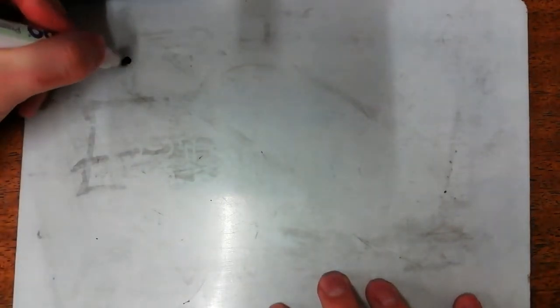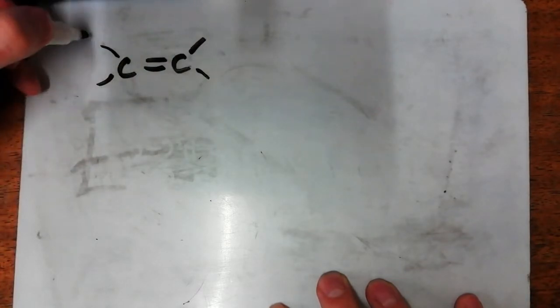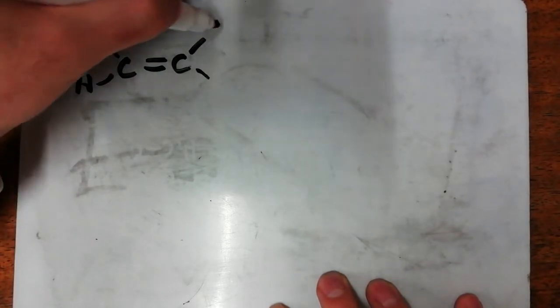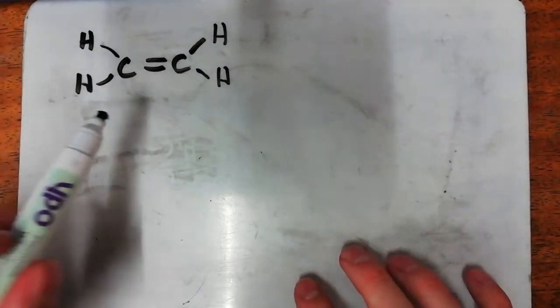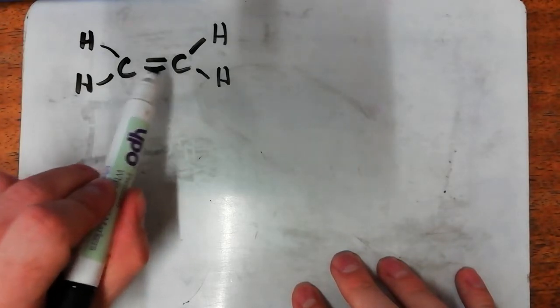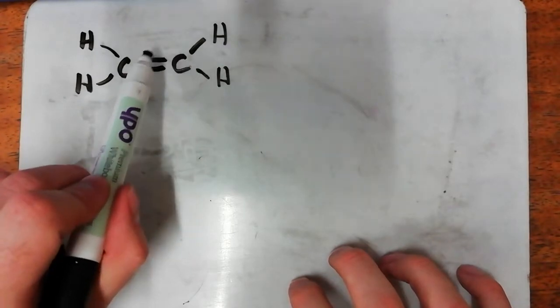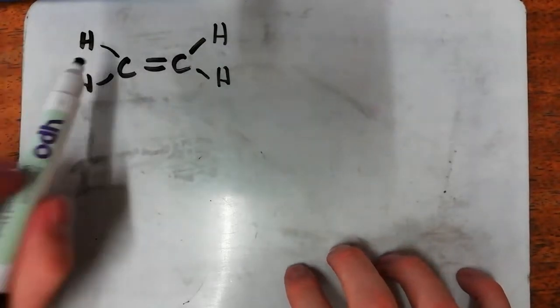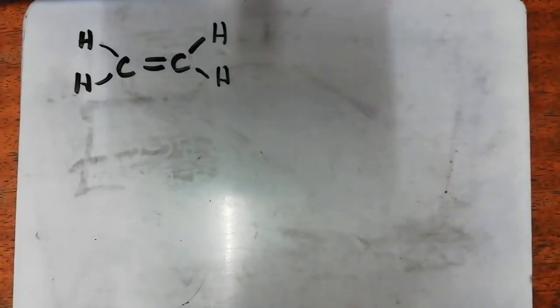So let's say we started with this molecule, which is, as you can see, ethene. Alright, what happens is the carbon-carbon double bond is going to break open, and you're just going to have a single bond between those two carbons. The remaining electrons that were in that double bond are going to move to the other sides of the carbon, so you're going to get a bond on either side of those carbon atoms.